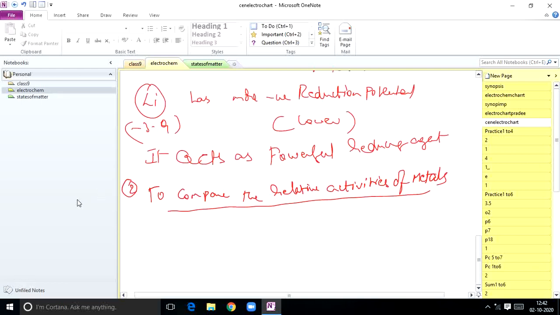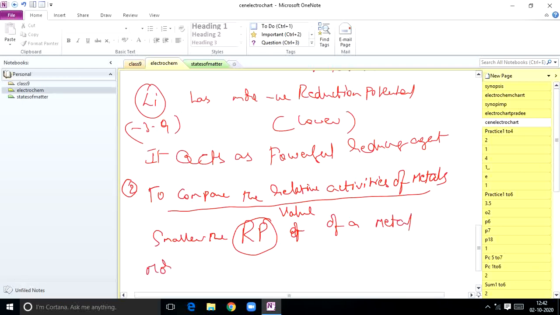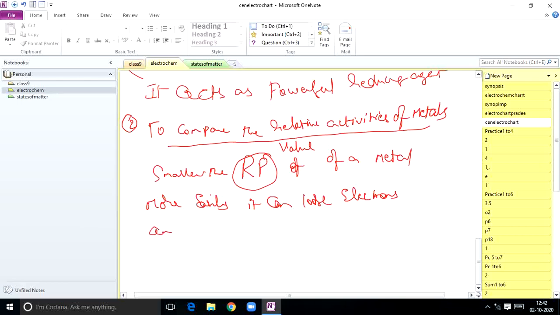Smaller the reduction potential value of a metal, so this point you have to note down, more easily it can lose electrons, and hence greater is its reactivity. That is the important thing.